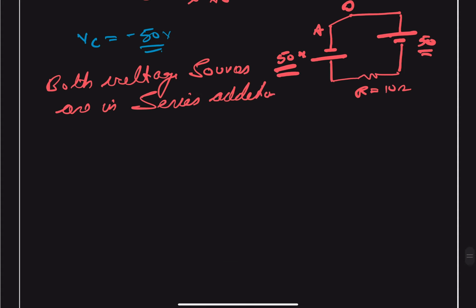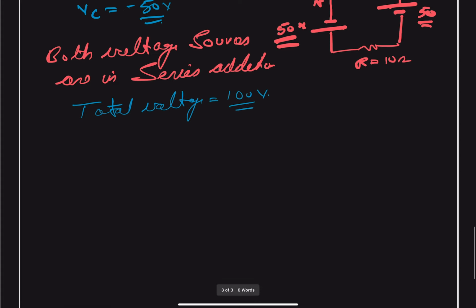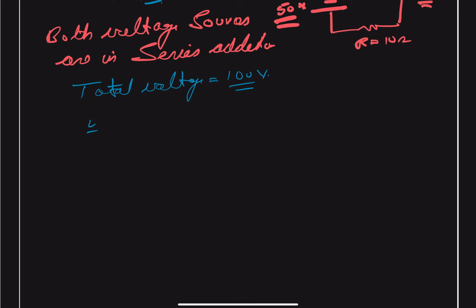Therefore, total voltage will be equal to 100 volts, and therefore the current I will be equal to VT divided by R, and VT is 100 divided by 10, and this comes as 10 amperes.